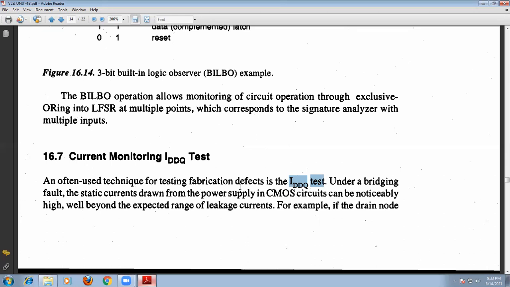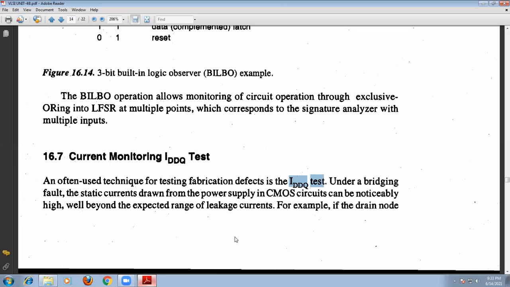Similarly, channel punch through, PN diode leakage, and transmission gate defects can also be detected using this IDDQ test.